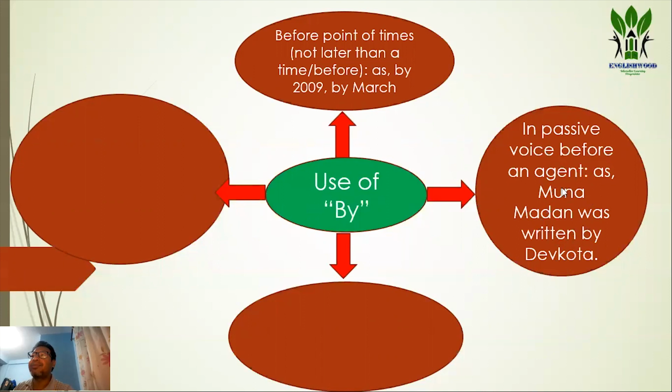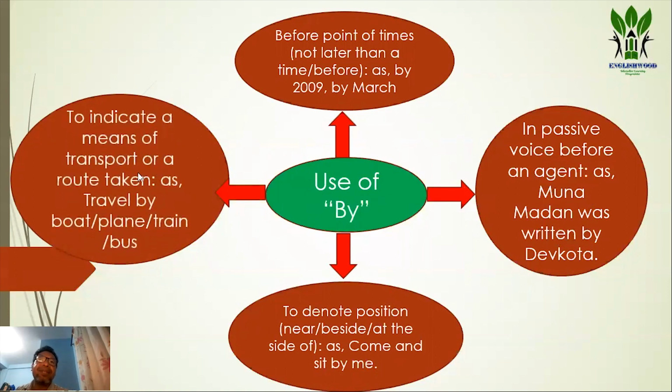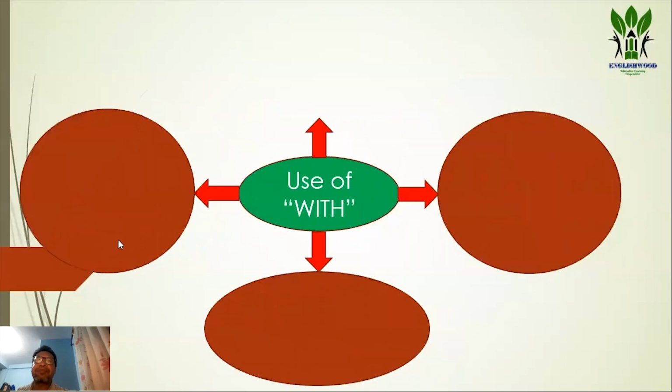To denote position, near, beside, at the side of, as come and sit by me, right? To indicate a means of transport or a route taken, as travel by boat, travel by plane, by train, or by bus.